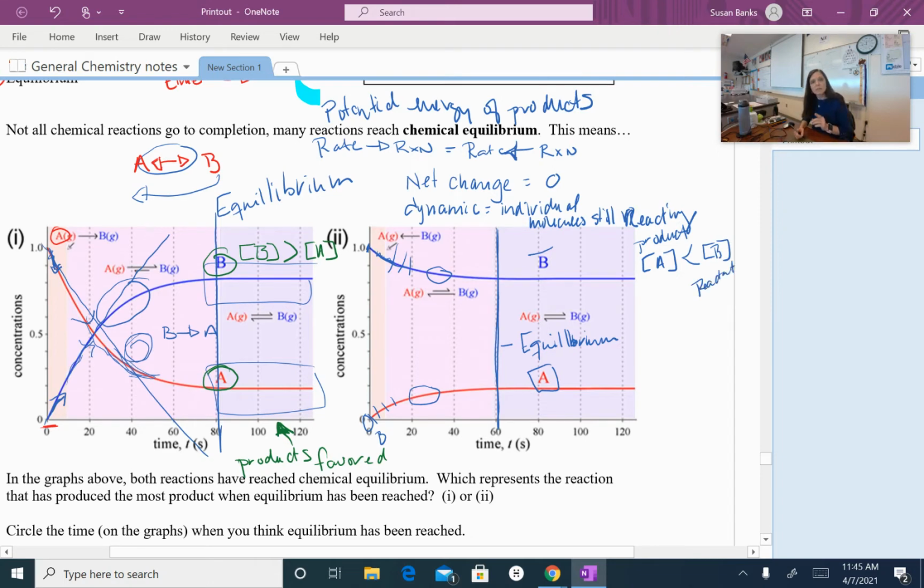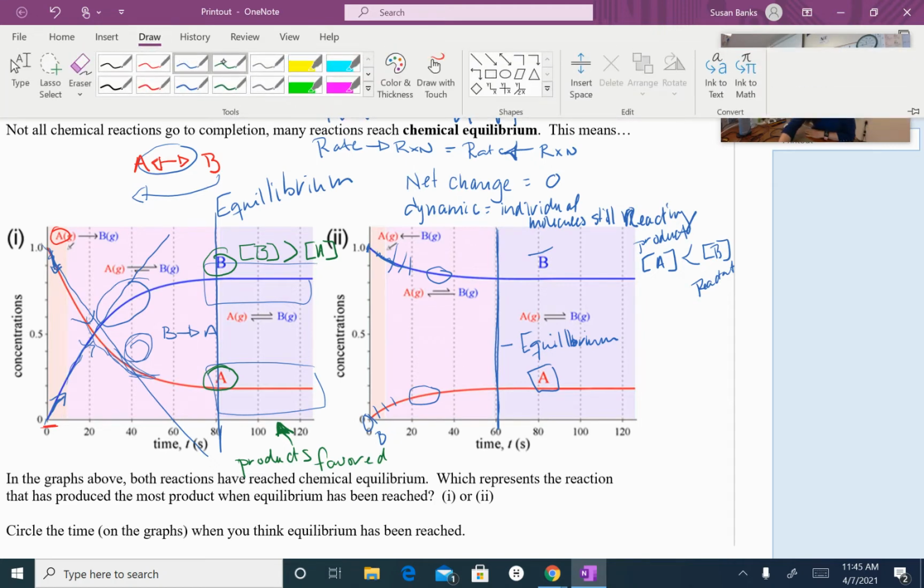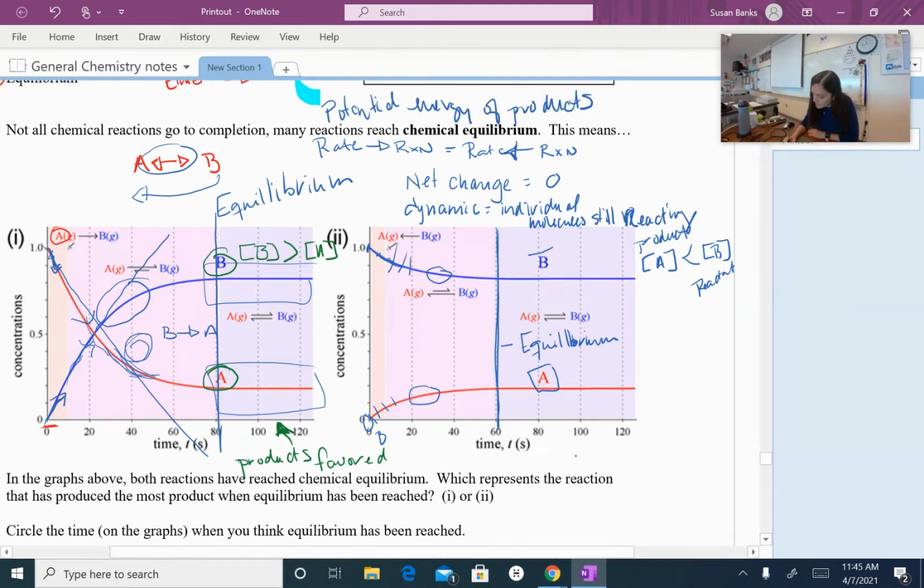Okay? And when my product concentration is much less than my reactant concentration at equilibrium, this is what we call a reactant-favored reaction. Okay? Because I have more reactants than I have products at the end, at the equilibrium state.